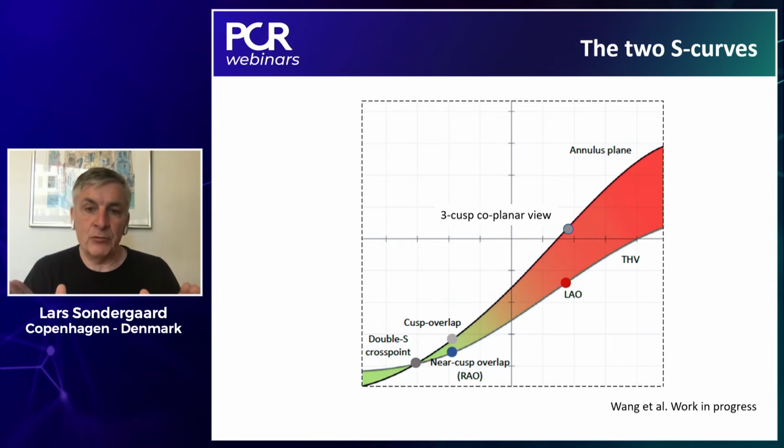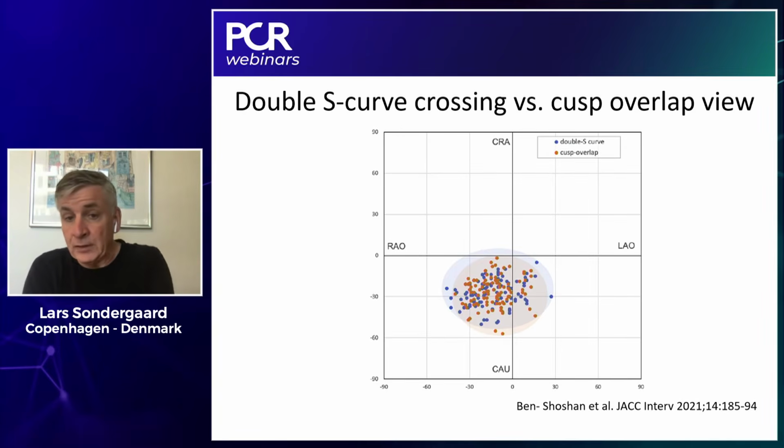So to have both the cusps aligned with the imaging plane and no parallax is going to be almost optimal here. It is also illustrated in this study, comparing a number of patients with the blue dot, where was the double S-curve crossing, and the orange one, where was the cusp overlap view. And you see it's falling in the same area, RAO caudal for most of the patients.